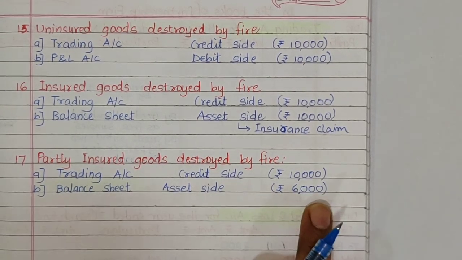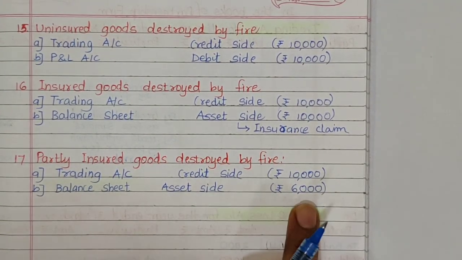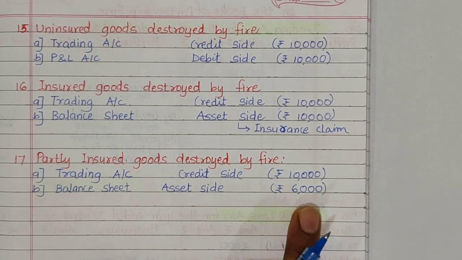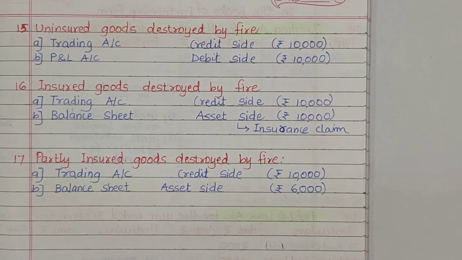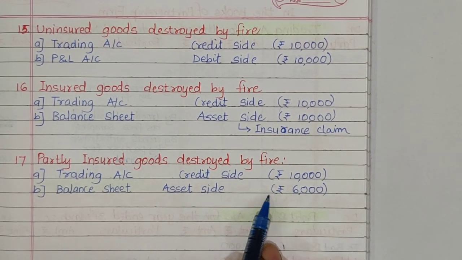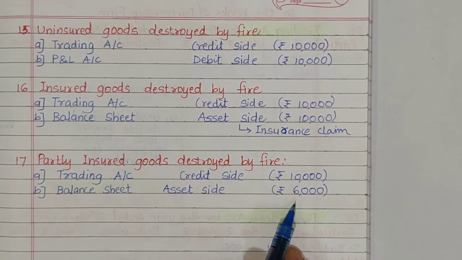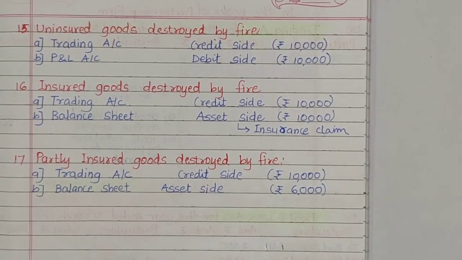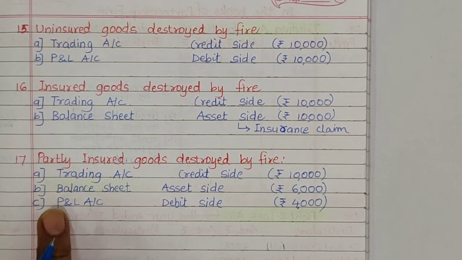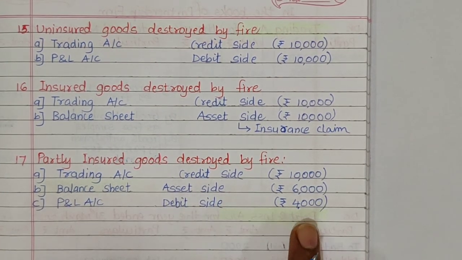So this is the amount rupees 6,000 which is to be received from the insurance company as insurance claim. If we compare these two amounts, then out of 10,000 only 6,000 is to be received as insurance claim. So 4,000 will be considered as a loss by fire and it is to be recorded to profit and loss account debit side, rupees 4,000, the difference between these two.